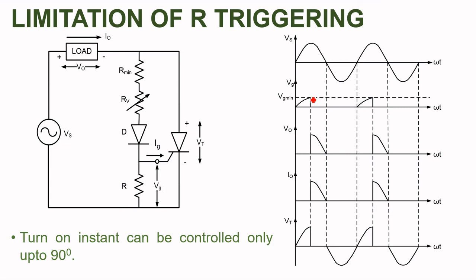Now, this value of Vg minimum can be reached only up to the instant of 90 degree. The turn on instant can only be controlled up to the 90 degrees.